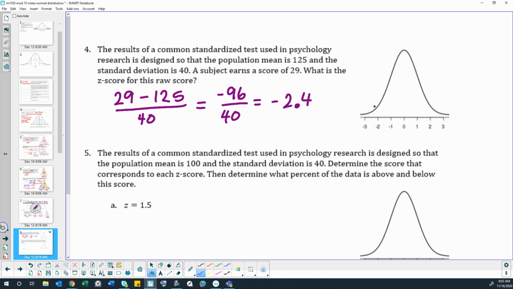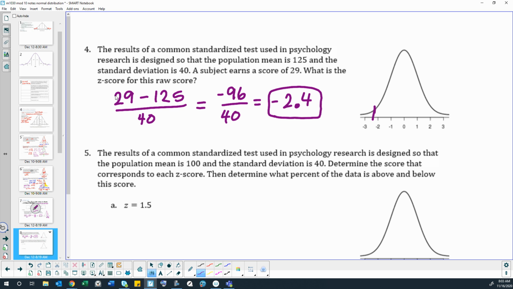Again, if you wanted to show that on your graph, not necessary though. Okay, so that was a fairly low score in the scheme of things, right? Because we're following the normal distribution and the normal percentages. That score of 29 is rare.